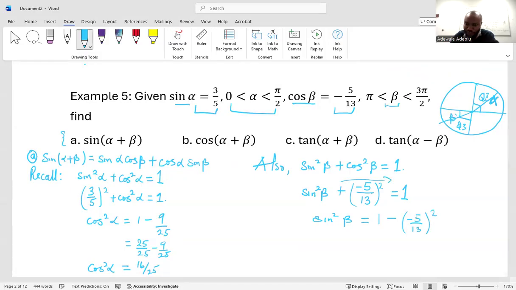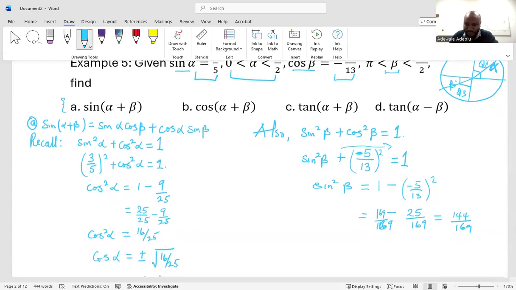Remember, I moved this to the other side, but this will not change since it is within the parentheses and I'm moving everything over. So this is 1 minus 5 squared, that is positive 25, over 13 squared, that is 169. So I can write this as 169 over 169 minus 25 over 169, and that is 144 over 169.